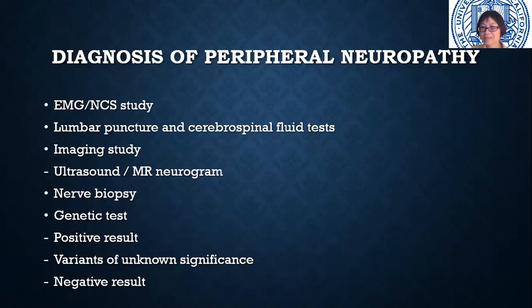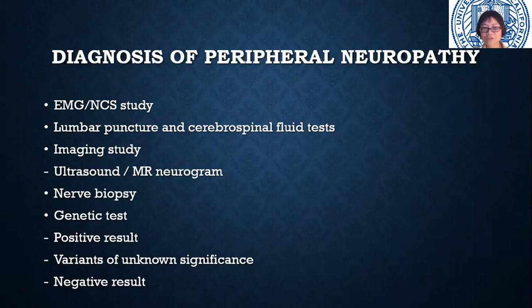Nowadays, the genetic tests are relatively convenient, and we have to be careful when we have the genetic test done to look for hereditary neuropathy, because the genetic test could reveal a positive result that shows which genetic mutation caused the neuropathy. But it could also report something not clear enough.